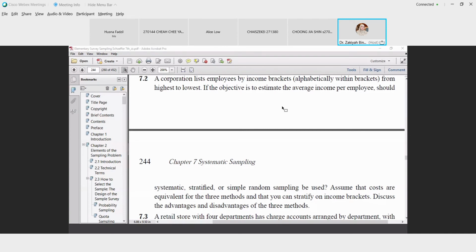So they list from highest income to lowest, again based on maybe the surname, A to Z. If the objective is to estimate the average income per employee, should systematic, stratified or SRS be used? Assuming costs are equivalent, you can stratify on income brackets. Discuss the advantages and disadvantages of the three methods.